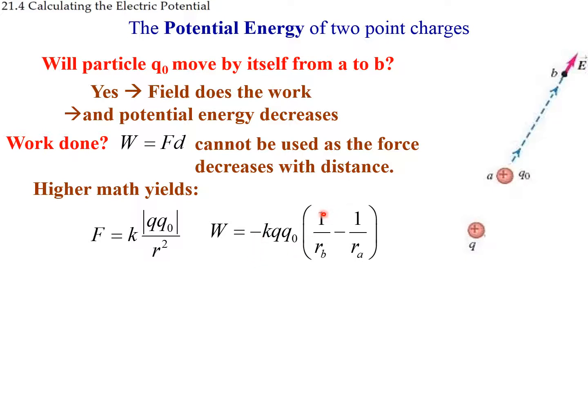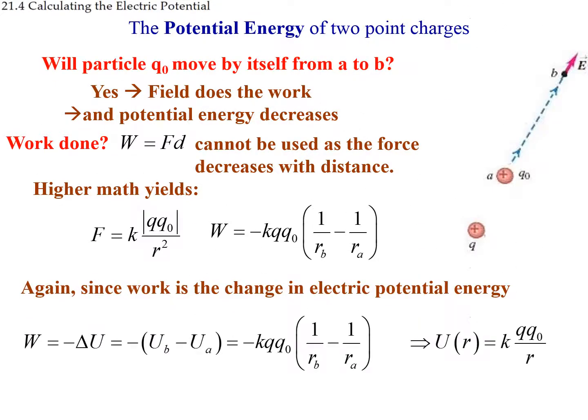So it's 1 over the final radius minus 1 over the initial radius. Again, this work will correspond to a change in electric potential energy. So we have that, and the change in electric potential energy is going to be the final potential energy minus the initial potential energy.